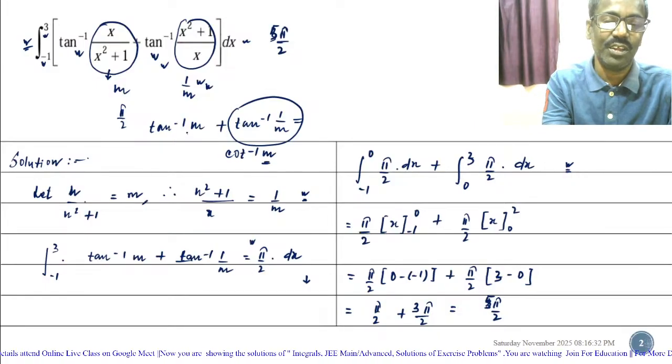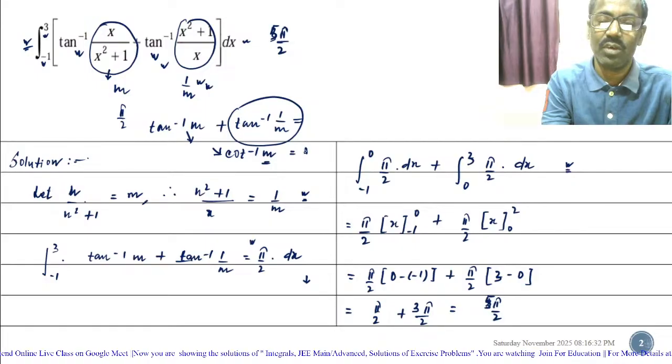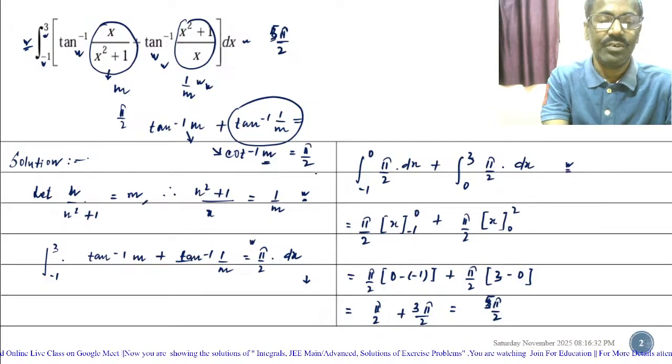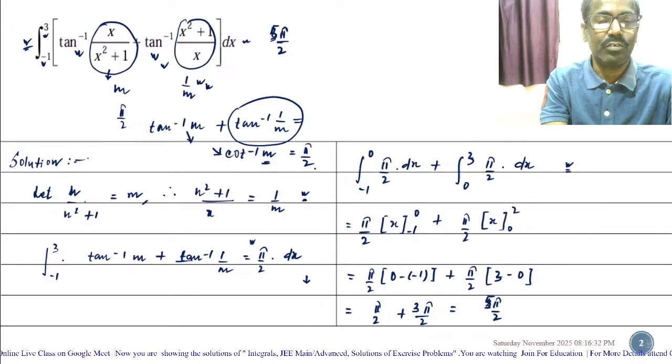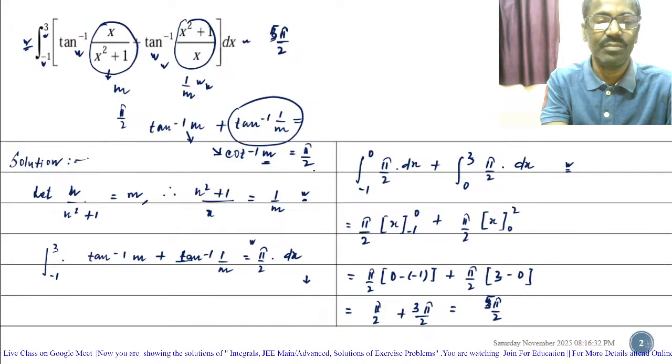So we know that tan inverse m plus cot inverse m equals pi by 2. Hope that there is no problem to understand the question as well as the solution of this question.